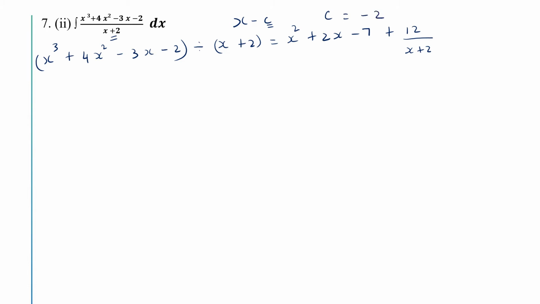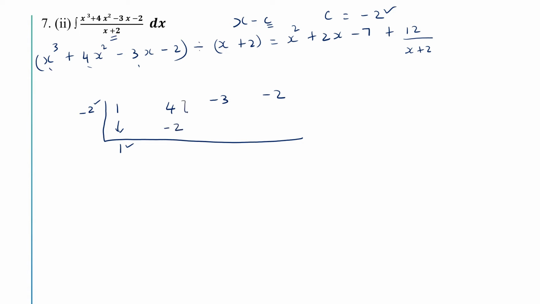What we have to do is write the coefficient of each of these terms first: 1, 4, minus 3, then minus 2. And c is minus 2. First we bring this 1 directly down. Then we multiply this 1 with minus 2 and write it here, so minus 2.